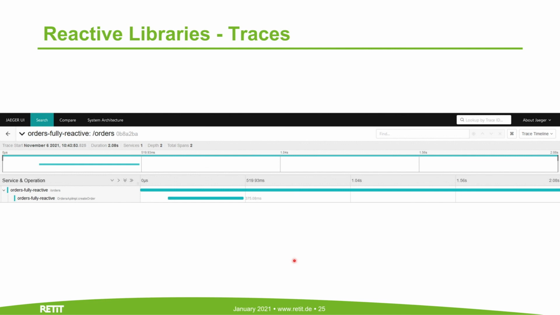Just to give you an idea what this looks like, and why it was difficult to figure out the performance problems with Hibernate Reactive, you can see pretty much nothing. You just have your initial create order call from RESTEasy Reactive, and that's it. You don't see any reactive stream operation or your interaction with the database here.